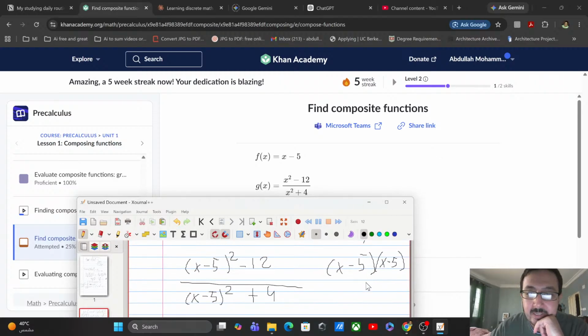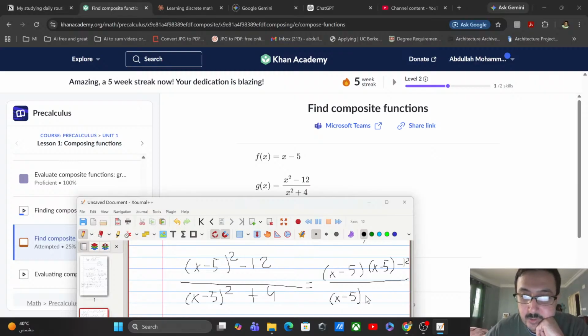Let's test everything before calculus. In x minus 5 minus 12. And here we'd say x minus 5 or x minus 5 plus 4. Would you say that this cancels this out? Because it's a multiplication.